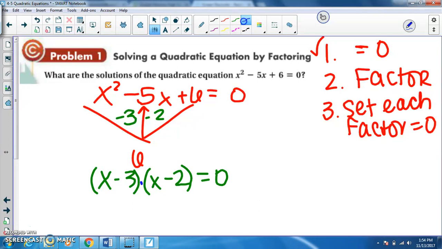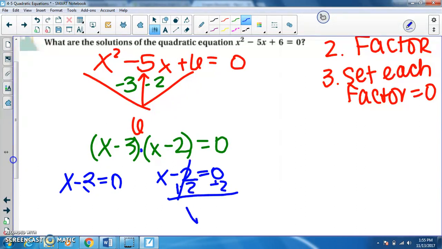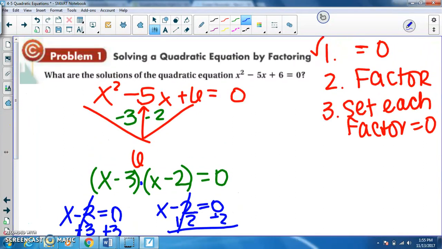Since I now have a product, I can set each of these factors equal to 0. So I could do x minus 3 equals 0 and x minus 2 equals 0. I add 3 and add 2, solving for x on both sides. X equals 3 and x equals 2. Therefore, I have two solutions.